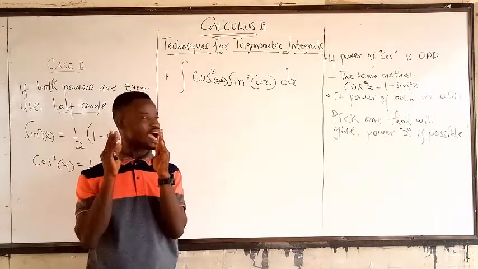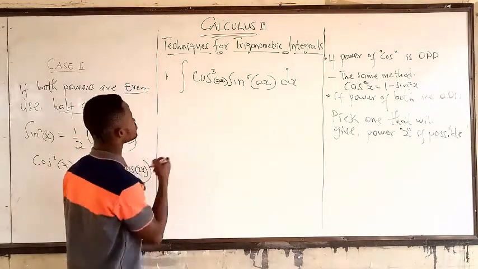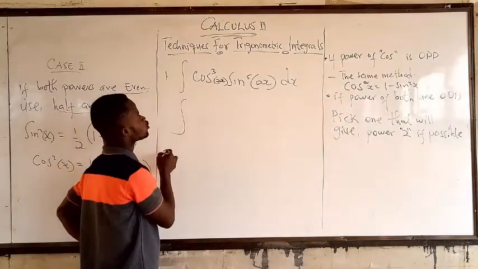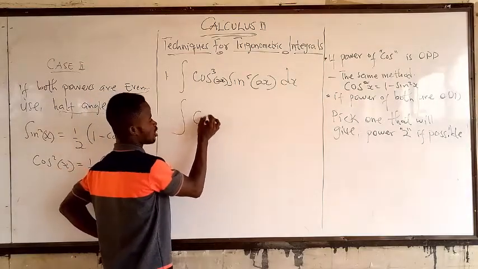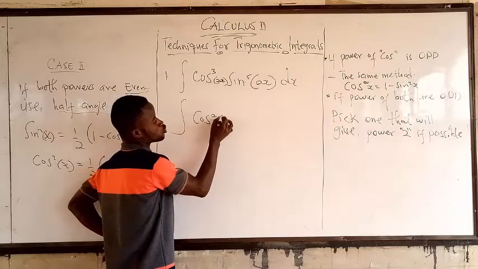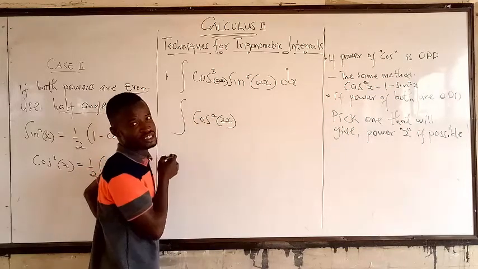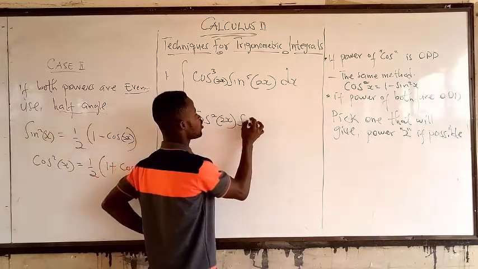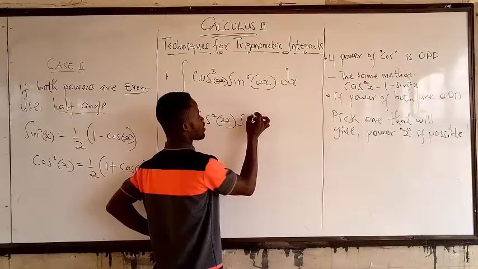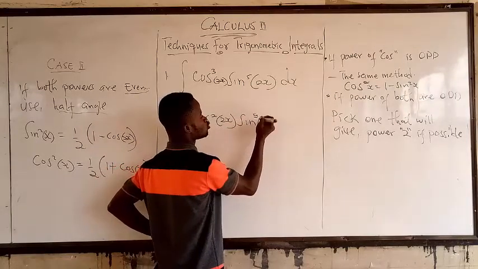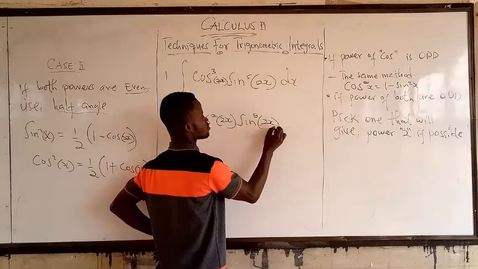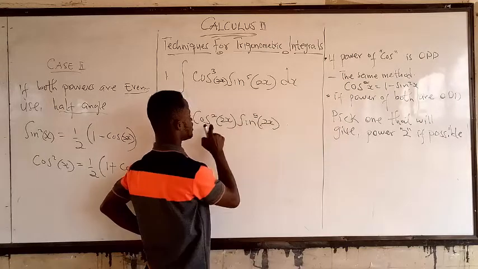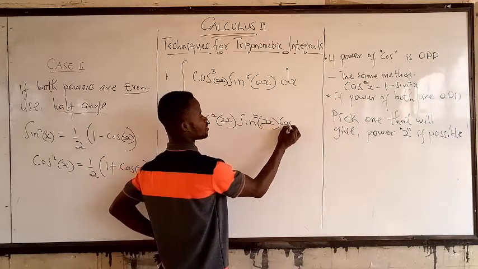But I would like to show you these two. You can choose to do it like this. This can give power 2, alright. Then here will be sine power 5, 2x dx. Then you bring that left here.